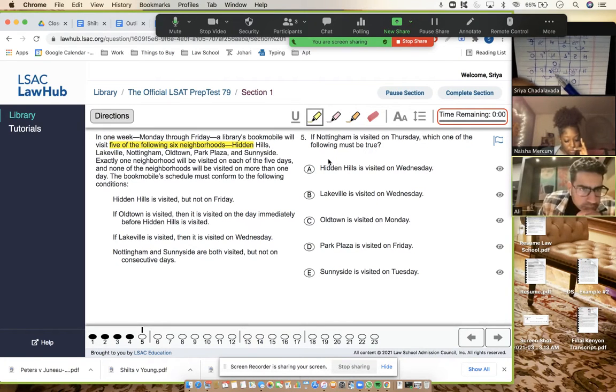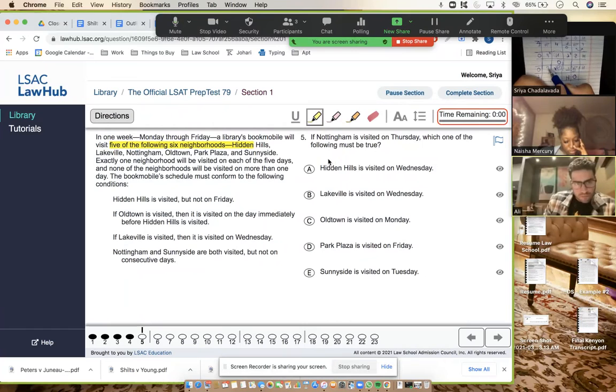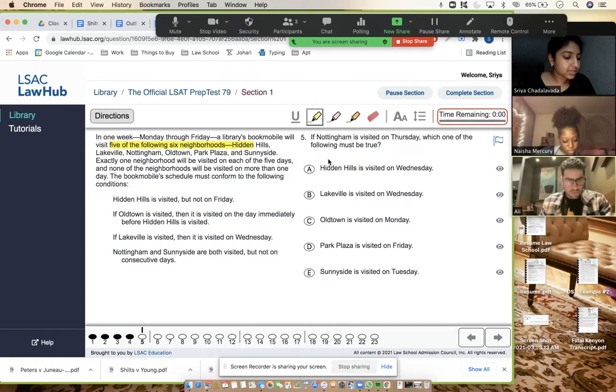I'm just going to circle N here and S here so that I know I'm committing to N here and S here. That way I don't accidentally think that S could be here or something. Does that make sense? Because I'm using this combination. And then I know P is going here for sure, right? So I can circle that, just so I know where the letters are. And then I can use both of those combinations. So for those, does it have to be true that H is visited on Wednesday?